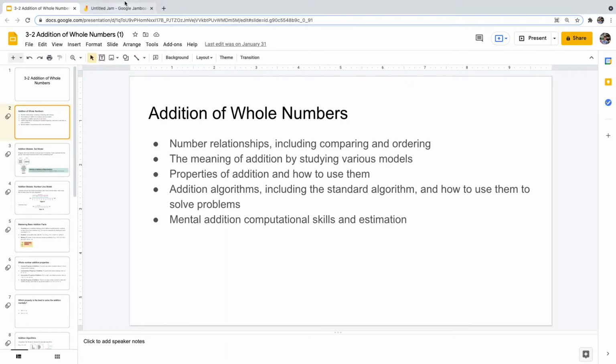So here is a Jamboard that I'm using. I heavily use Google Slides and Jamboard. Jamboard is in Google, just in case you are curious what's going on here. They provide this whiteboard. It's different from Smartboard. Smartboard you can scroll up and down.